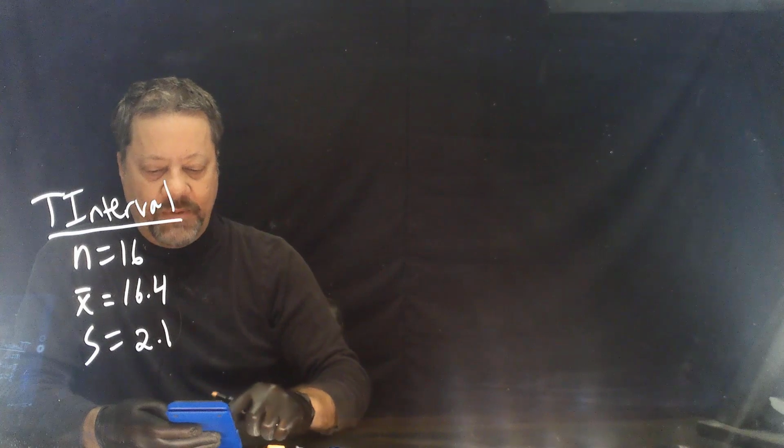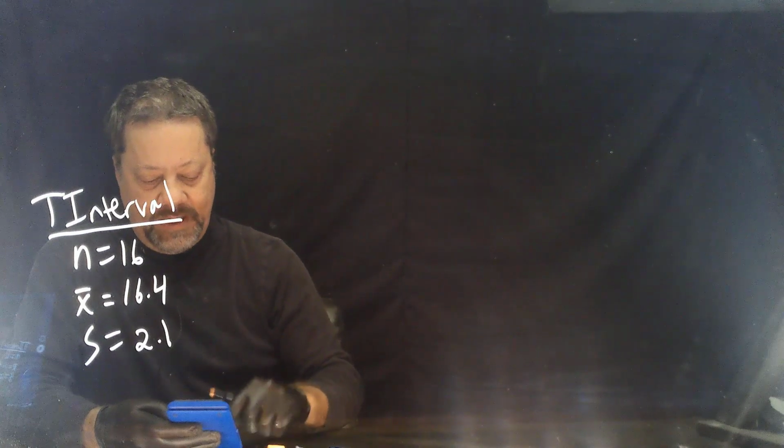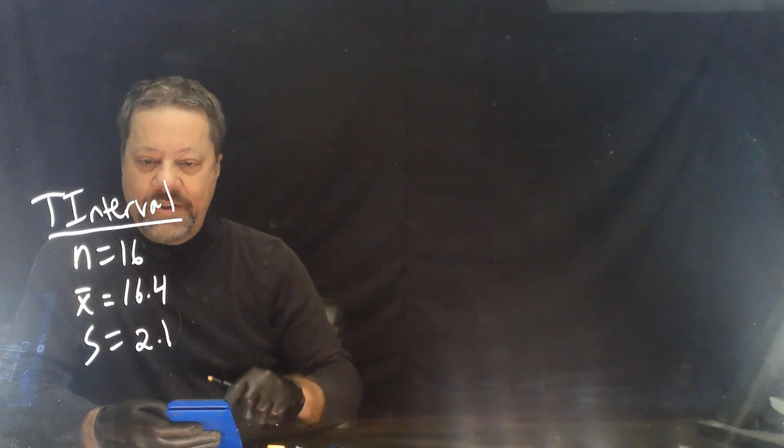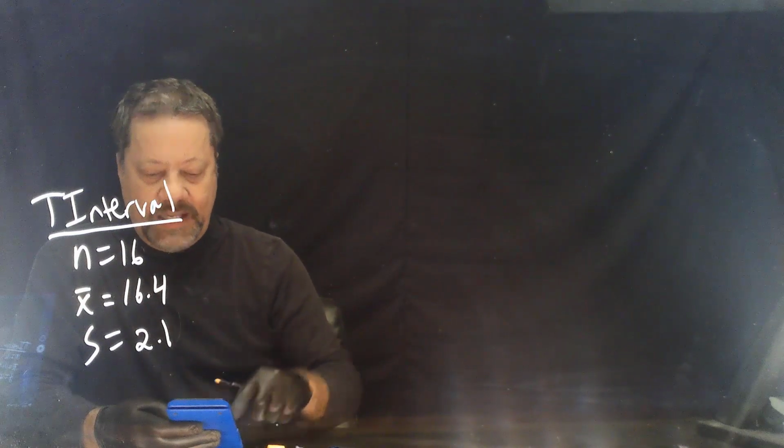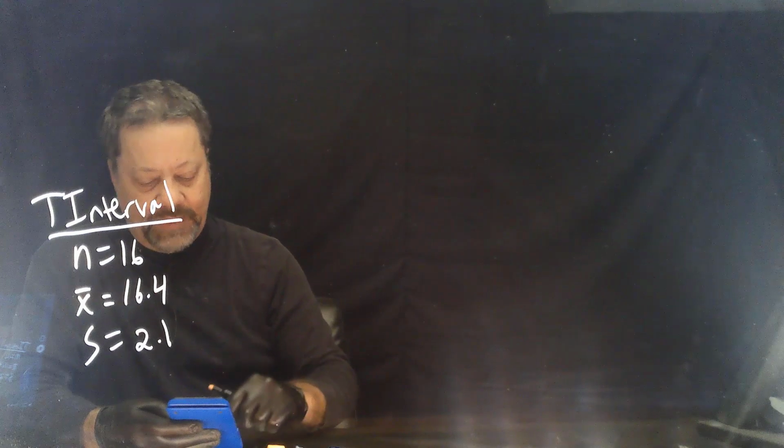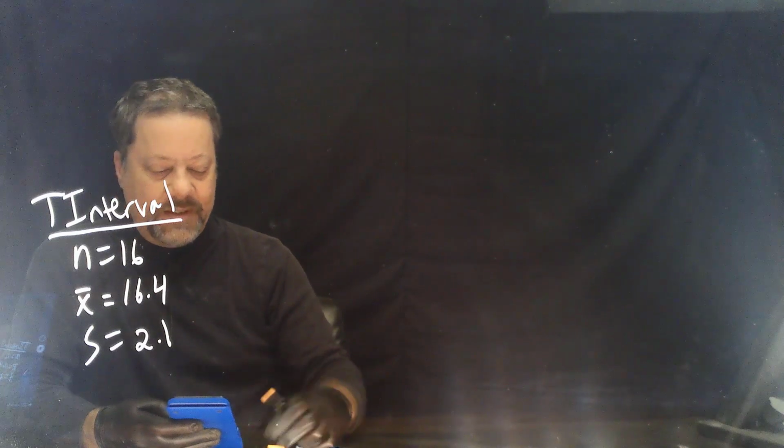Stats is the option that we choose. The mean is 16.4. Standard deviation is 2.1. N is 16. The confidence level is 0.90, since we want a 90% confidence interval.